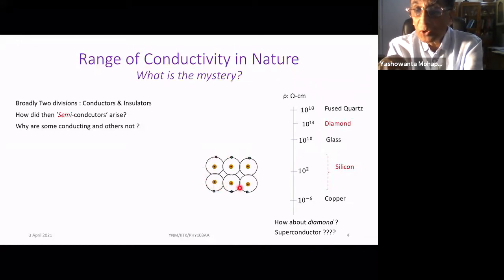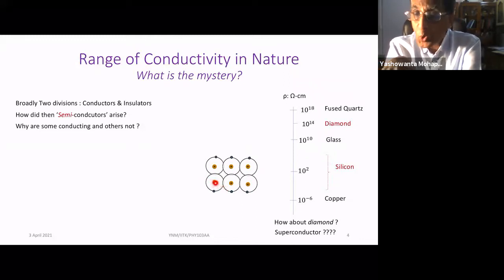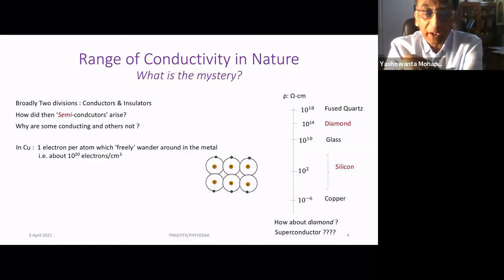So they can freely go anywhere in the metal's volume. And that is why we call them free electrons. They're loosely moving around where the cores, the ions, are fixed. So these positive charges are fixed and these electrons are moving around. That's roughly the mental picture that you have of a metal.